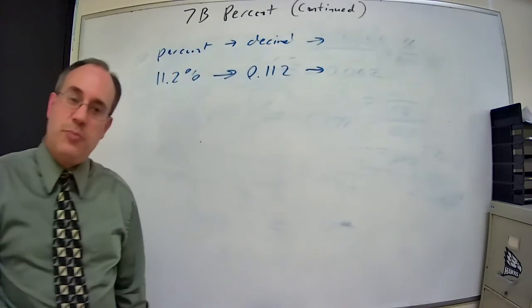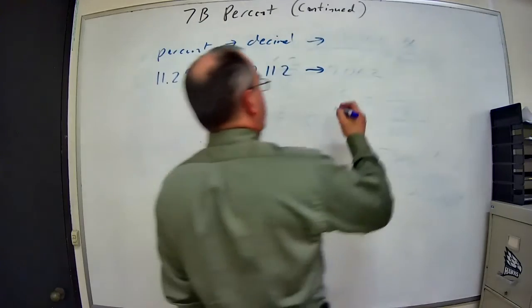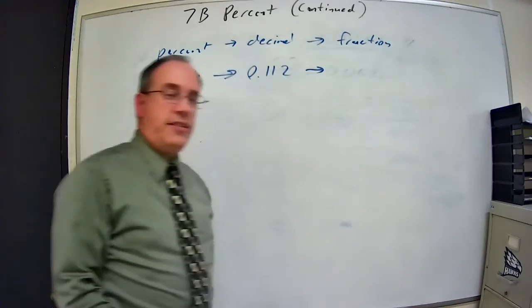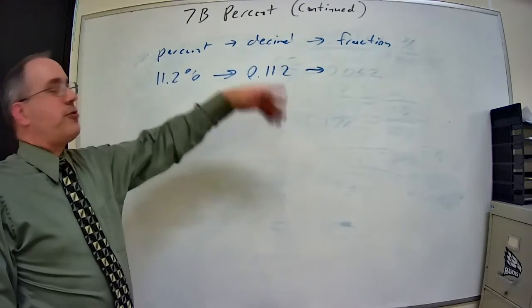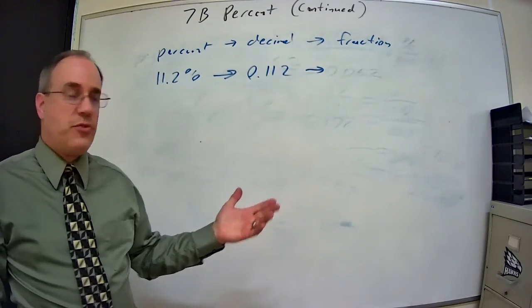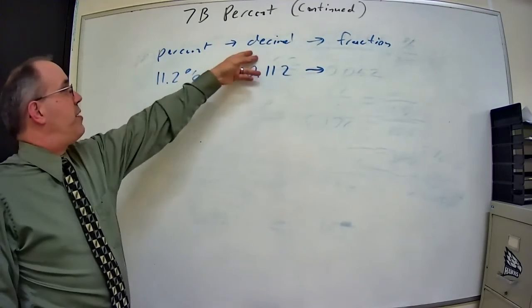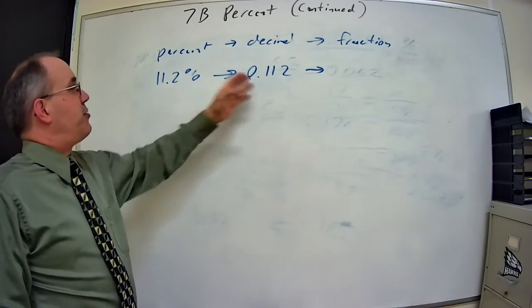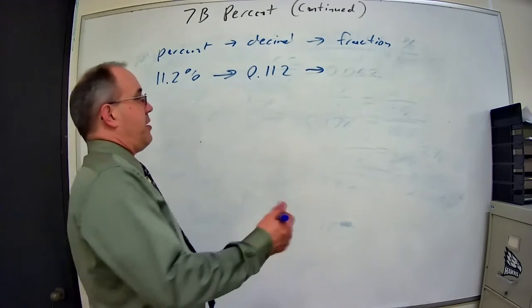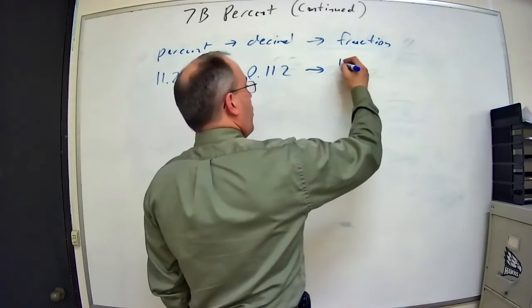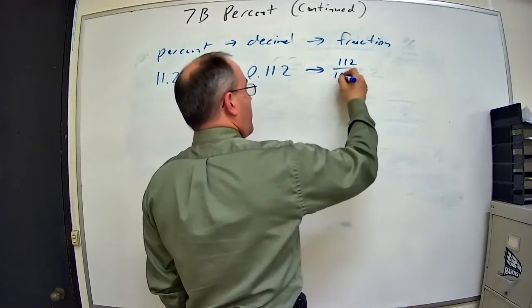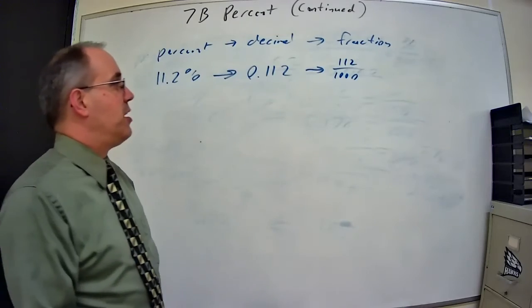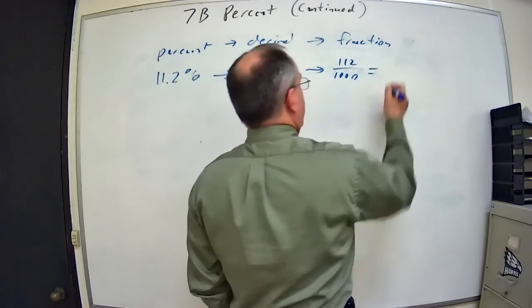And then convert that decimal to a fraction. It's easy to convert decimals to fractions and fractions to decimals, and it's easy to convert decimals to percents and percents to decimals. So we convert the percent to a decimal, and then as a fraction, that's 112 over 1,000, 112 thousandths.